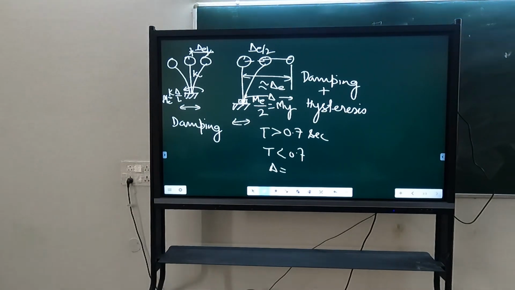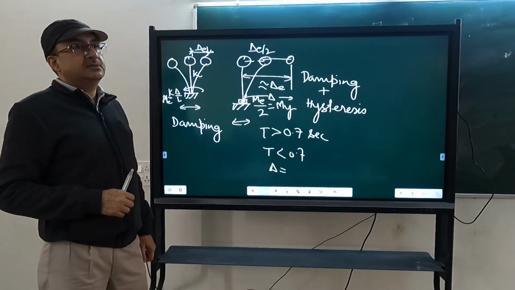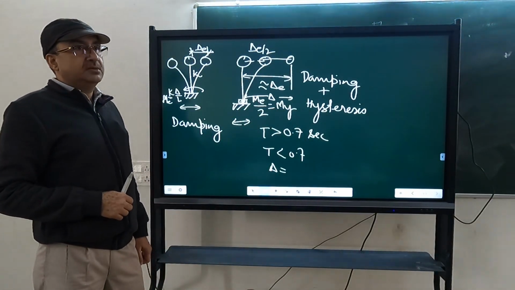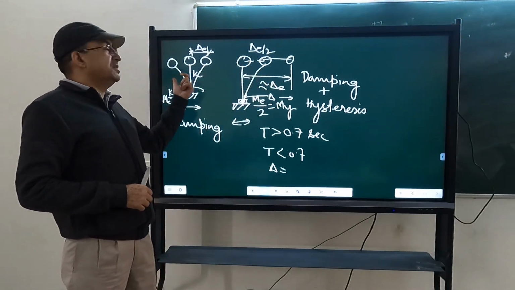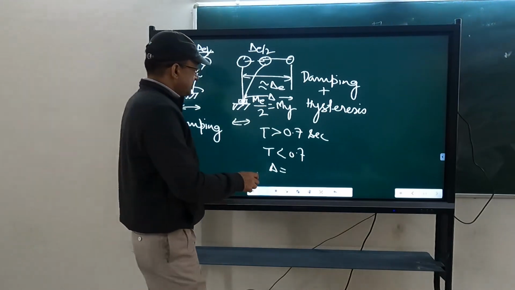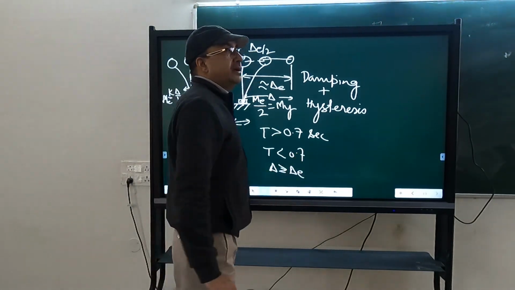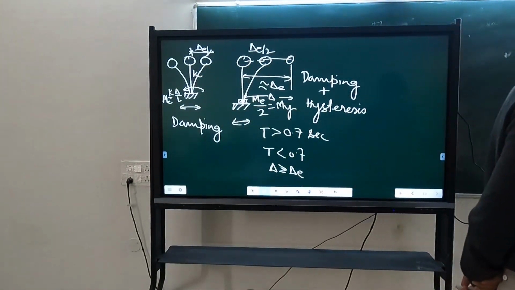Final displacement means the total displacement of this system, which I have designed for lesser capacity. The total displacement of this and this, it's the same for long period. Here, this delta is greater than delta E. And what is the relationship?